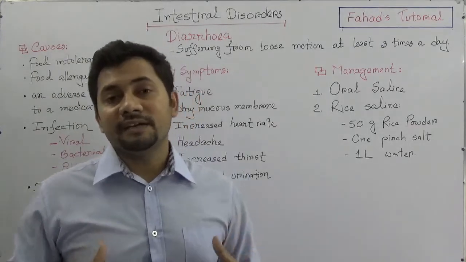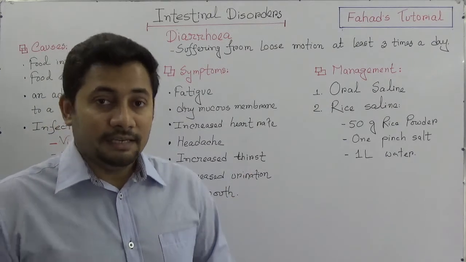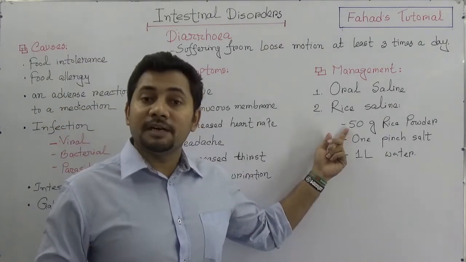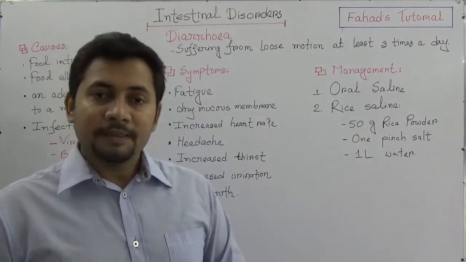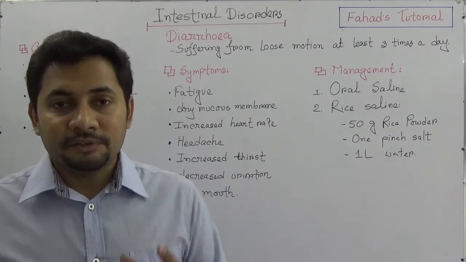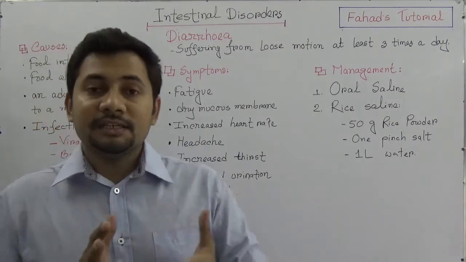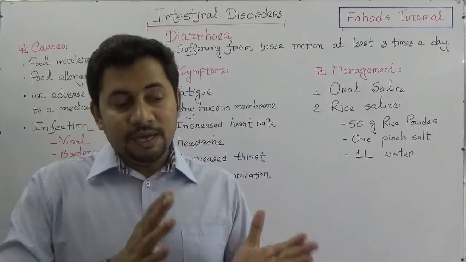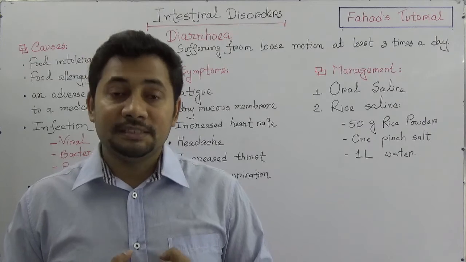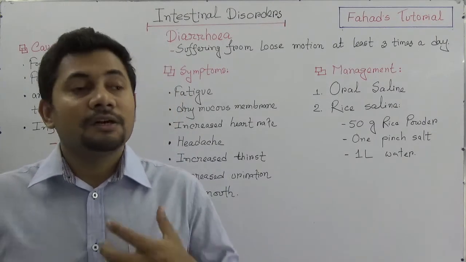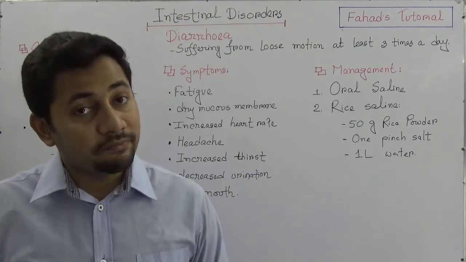Even if oral rehydration solution from the market is not available, we can produce rice saline at home with 50 grams of rice powder, 1 pinch of salt, and 1 liter of water. We can give it to the diarrhea patient so that the lost water can be rehydrated. The more quickly the person is rehydrated, the safer they will be. Otherwise, if it is delayed by 2 or 3 more days without rehydration, it can be fatal.